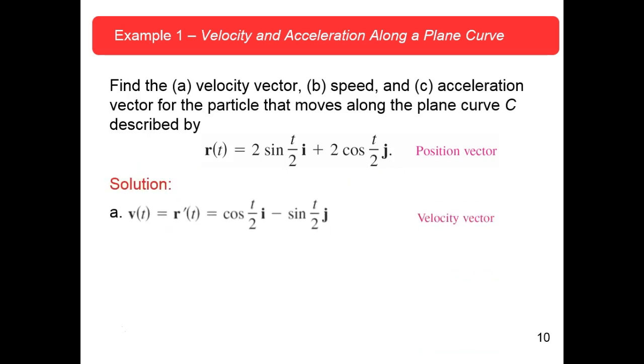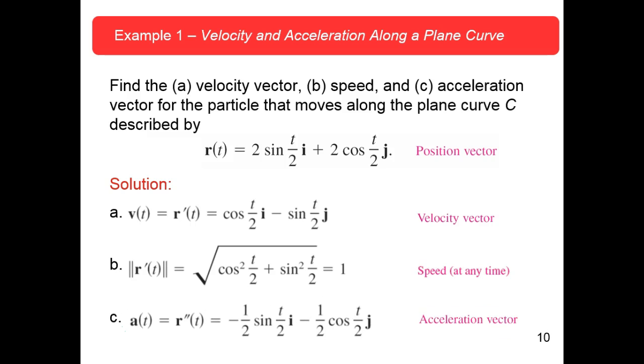And there's their velocity vector, the first derivative of the displacement vector. The magnitude of that is your speed, which in this case happens to be 1 exactly, at any time. The directions are changing, but the magnitudes are the same. And your acceleration vector is minus 1/2 of sine t over 2 i minus 1/2 of cosine t over 2 j. Whoa, they didn't show the thing.